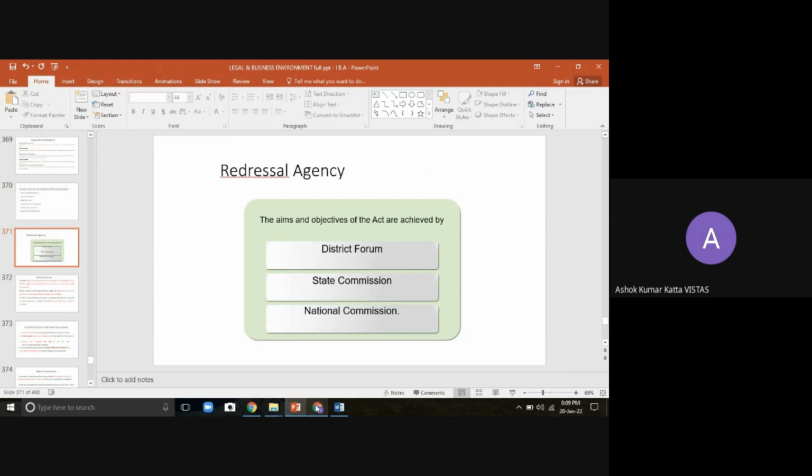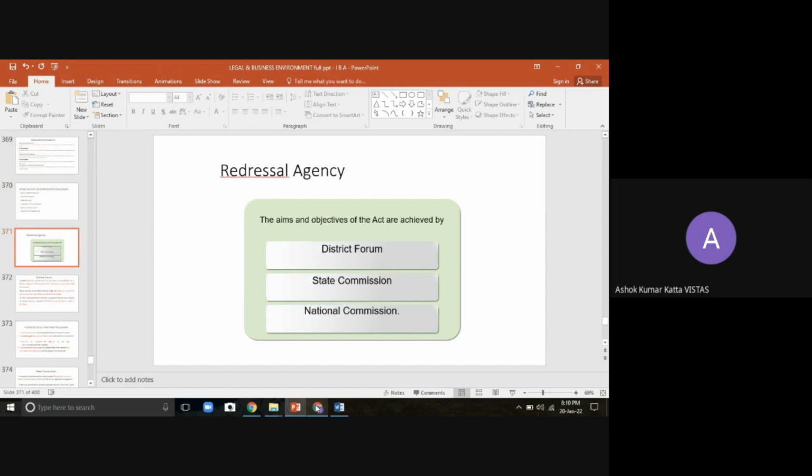I already told you, from the ground level to the top level, they monitor the complaints given by the consumers. According to the loss basis, they were splitting that into different forums and commissions.